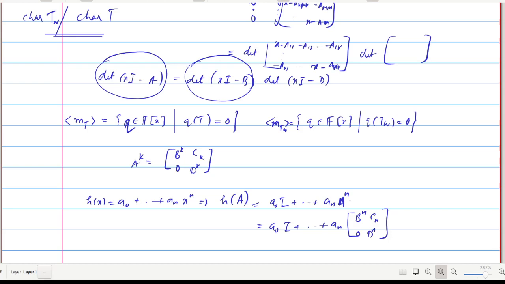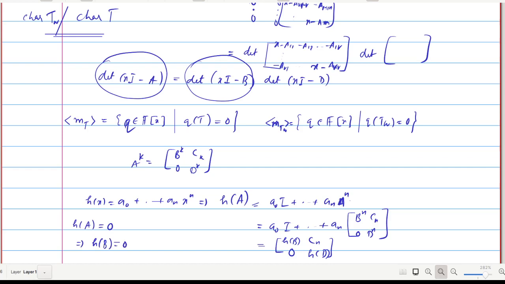Now you can write this matrix as h of b, some c prime, and 0, and here h of d. So we will evaluate this, and from this you can write h of a equal to 0 implies h of b equal to 0.